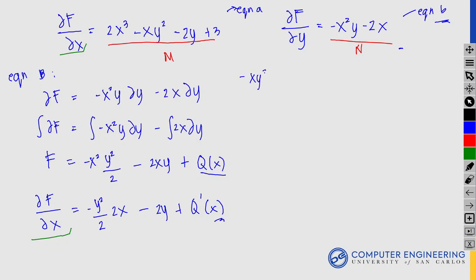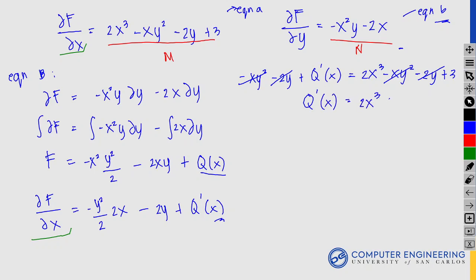Minus xy squared, the 2 cancels out, minus 2y plus u prime of x equal to a very long term, minus 2y plus 3. Cancel out minus 2y because they're present on both sides of the equation. We also have x squared, minus x squared, minus xy squared. So we are left with u prime of x equal to 2x cubed plus 3.